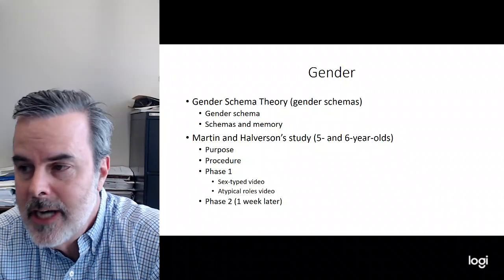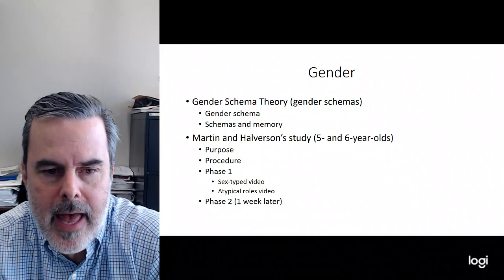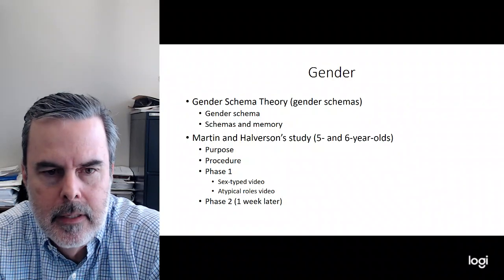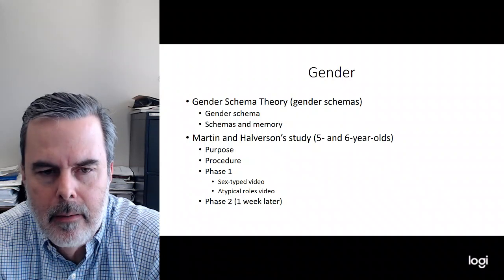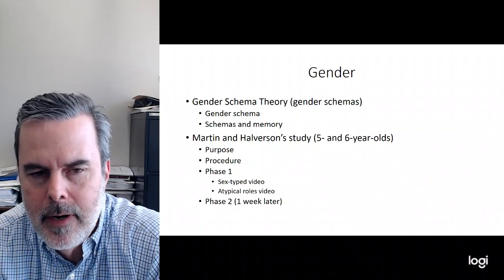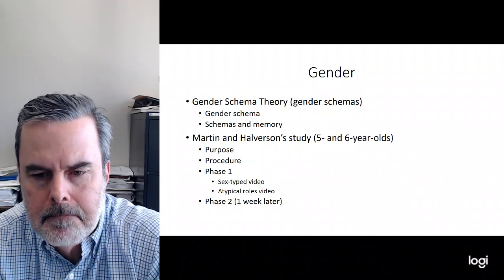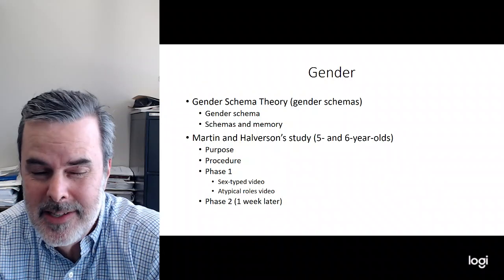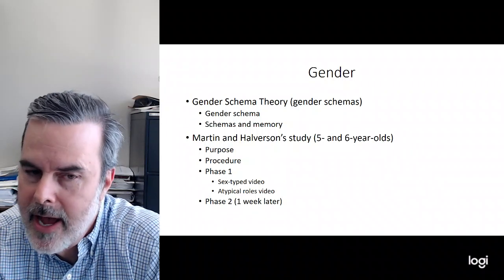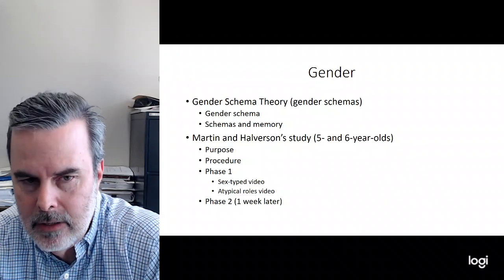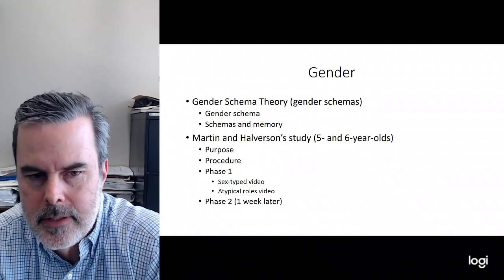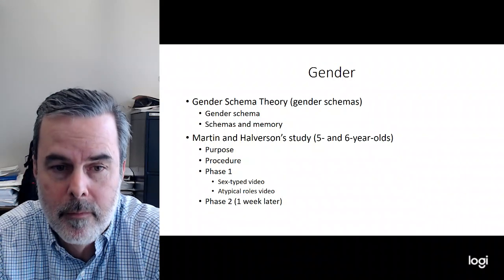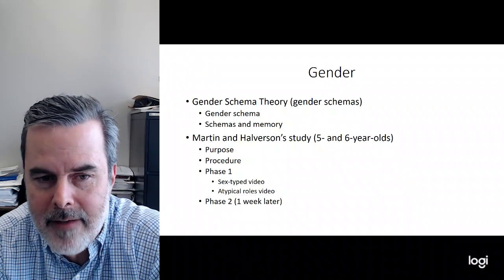What's generally found in these studies is that memories of experiences that have been witnessed in the past are relatively accurate when the experiences are consistent with gender schemas, that is, consistent with beliefs and expectations. But in contrast, memories are relatively inaccurate for experiences that are inconsistent with gender schemas, or that to some extent violate them, at least for very young kids, 5 and 6-year-olds.